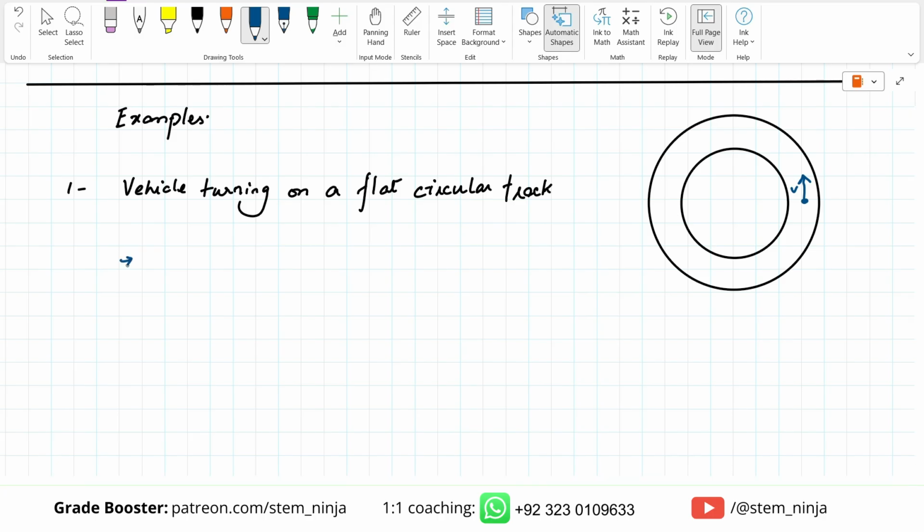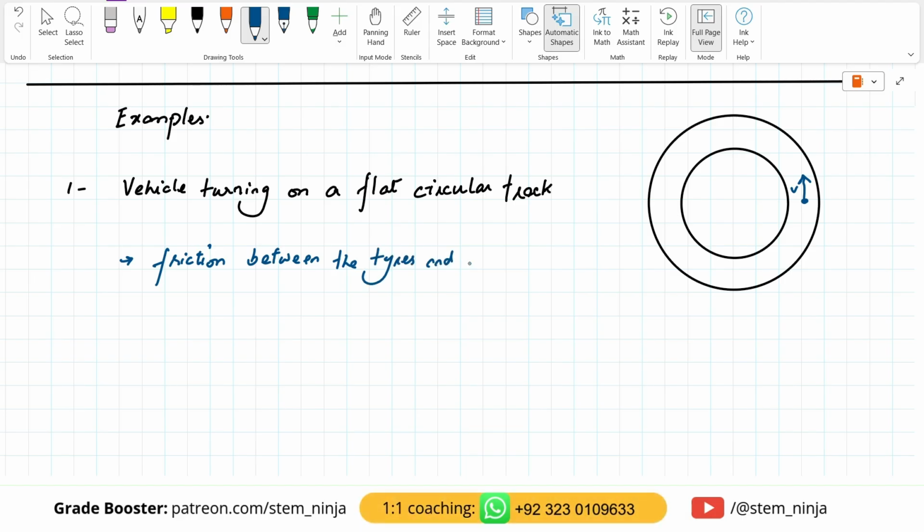So basically, the friction between the tires and the road surface provides the necessary centripetal force.